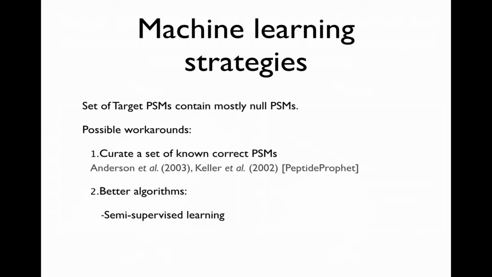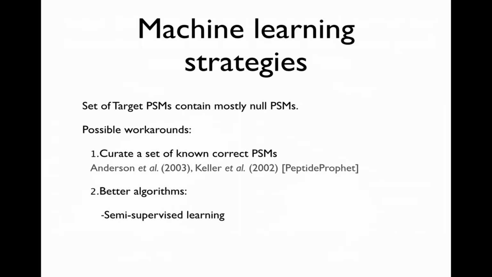People have previously used curated data sets, where they handpicked PSMs that they see as correct and others that they saw as incorrect, and trained different machine learning algorithms. Anderson et al. did a support vector machine. Käll et al. used a linear regressor to train an ultimate separator between those two different classes.